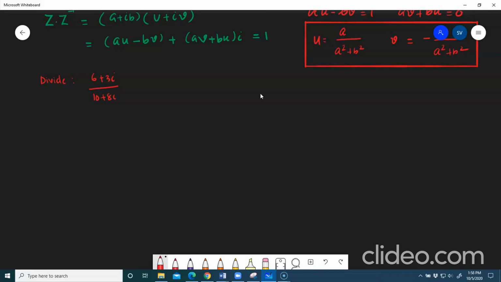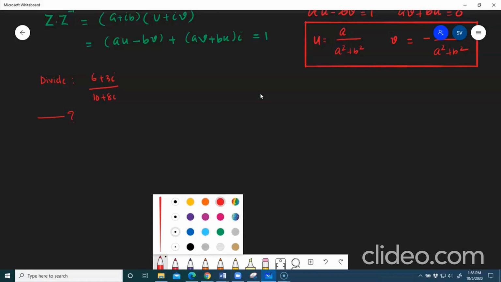Divide 6 plus 3i over 10 plus 8i. So we are approaching this problem with the concept of inverse. Okay, so I'm trying to rewrite this problem.